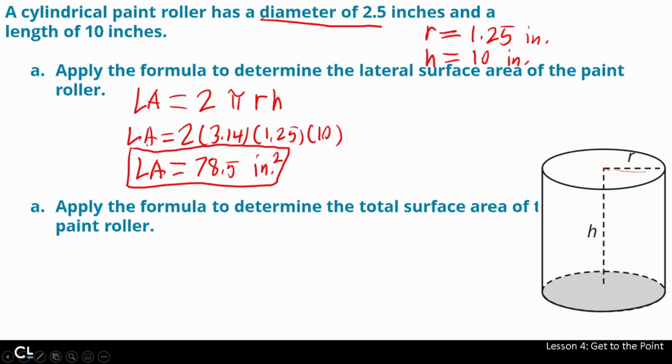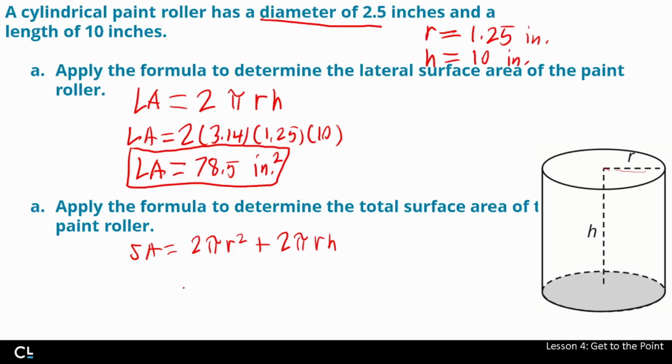Awesome. Now the next one says apply the formula to determine the total surface area of the paint roller. So we need our total surface area of the paint roller, which I already remember. The surface area is 2 pi r squared plus 2 pi r h.